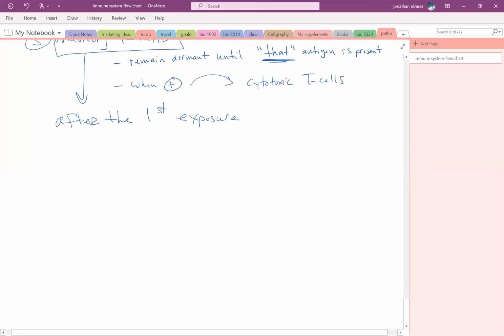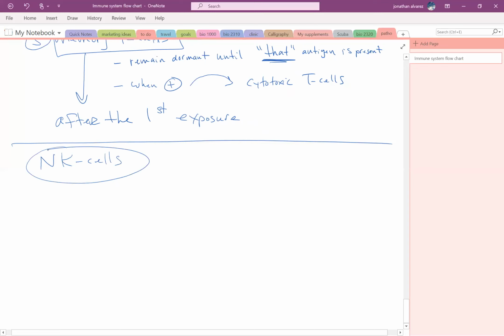Okay, let's look at natural killer cells.